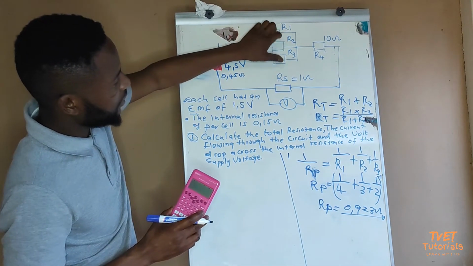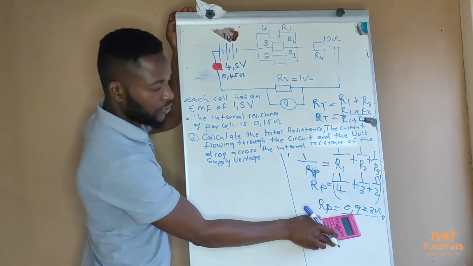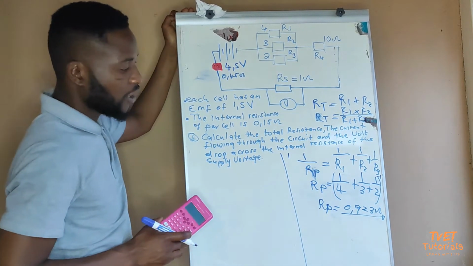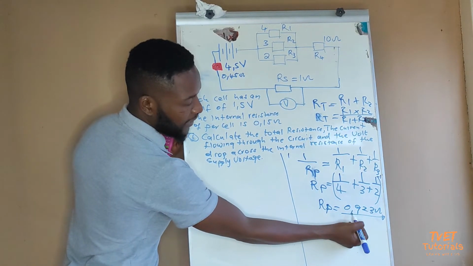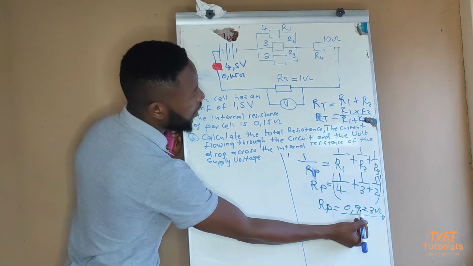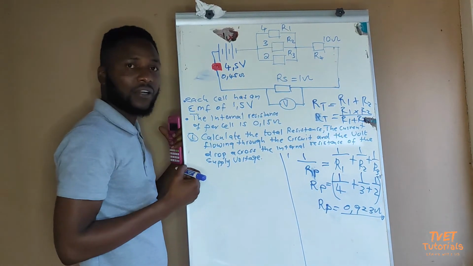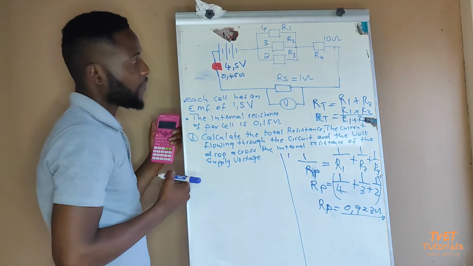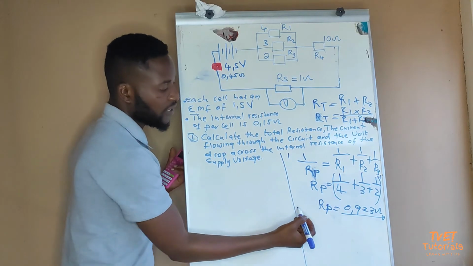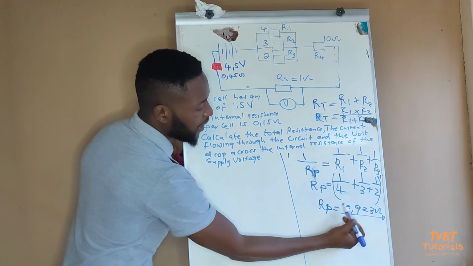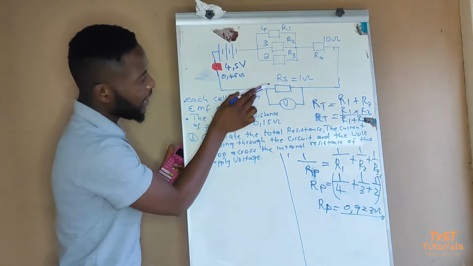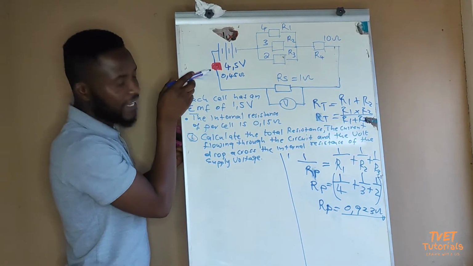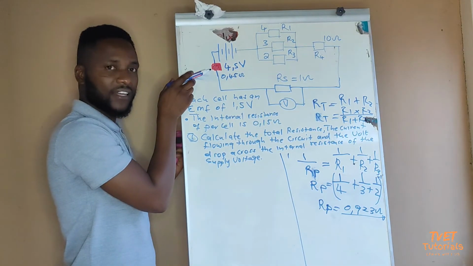We've used R1, R2, and R3 to get 0.923. So this is the resistance of our parallel combination. So what did we say? We said the parallel combination is connected in series with R4, R5, and our internal resistance.